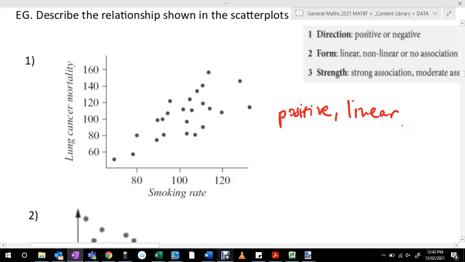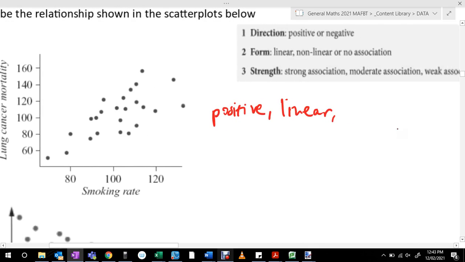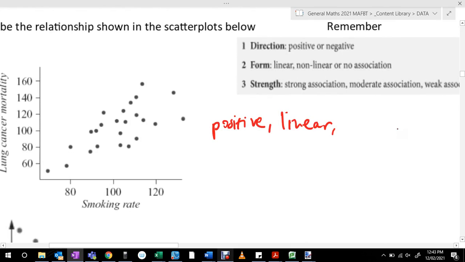And what's the strength? What would you guys say? I would say it's either moderate or strong. Now, in year 11, it'll normally be pretty clear what it is, but later on you'll be given a number that tells you whether it's going to be strong, moderate, or weak. We'll determine that later. But for now, we're looking at it by eye.